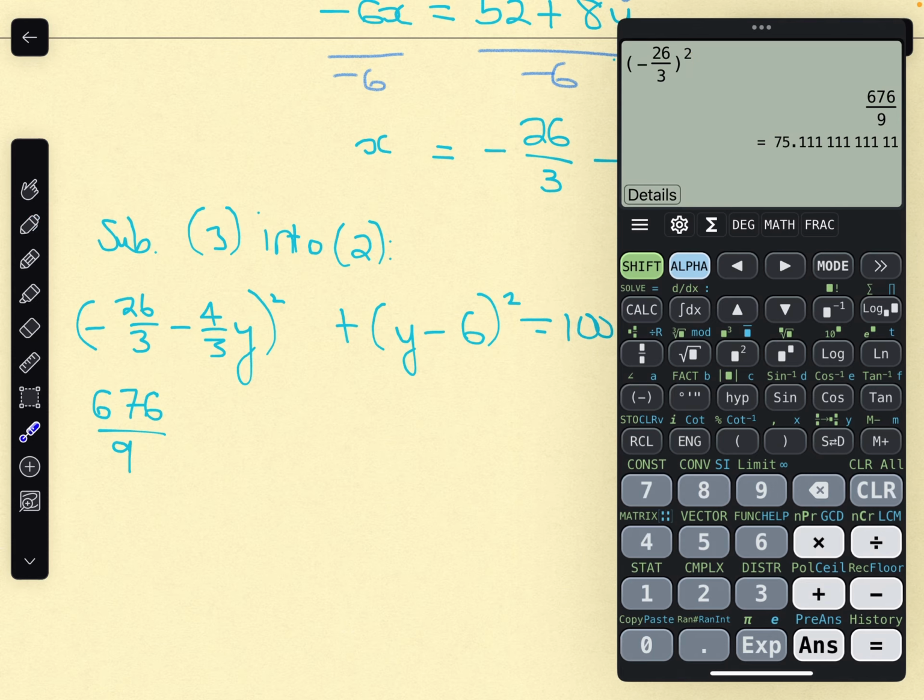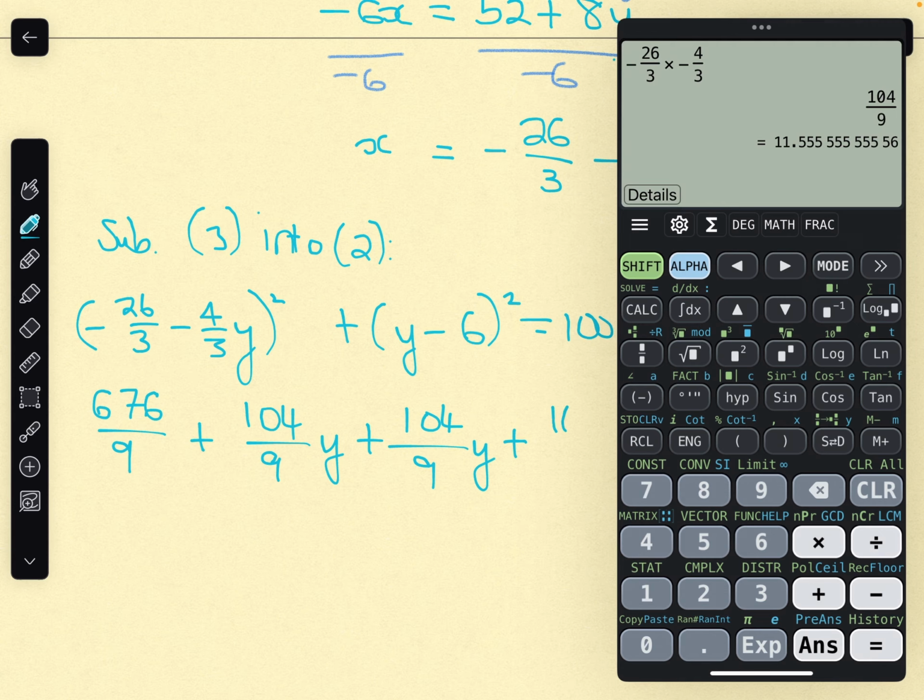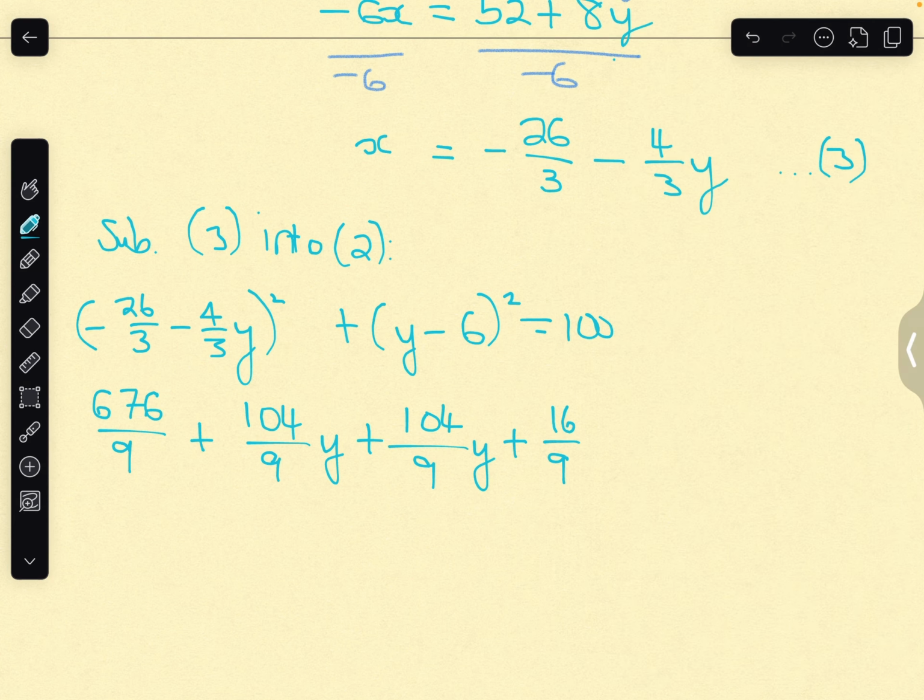And then we're going to have minus 26 over 3 times minus 4 over 3, so that will be plus 104 over 9y, and then the same thing again. And then the last one will be minus 4 over 3y times minus 4 over 3y, so that will be plus 16 over 9y squared.